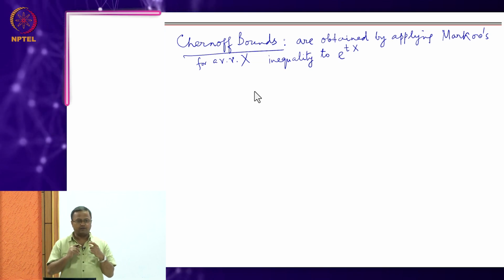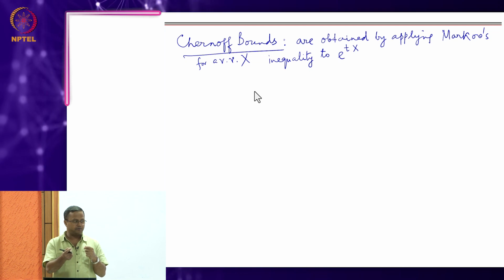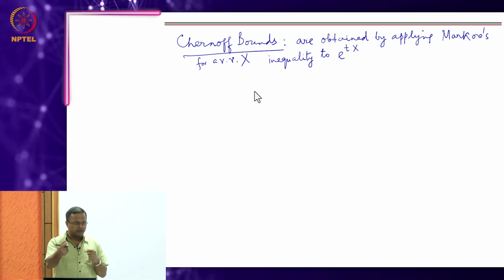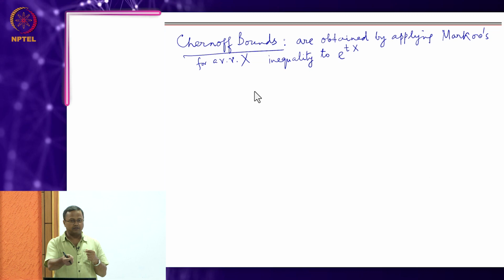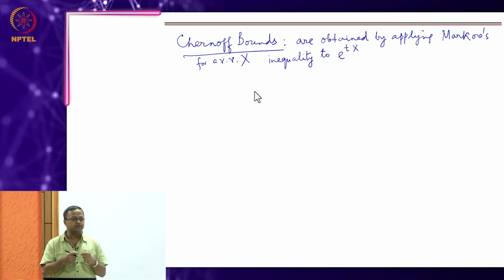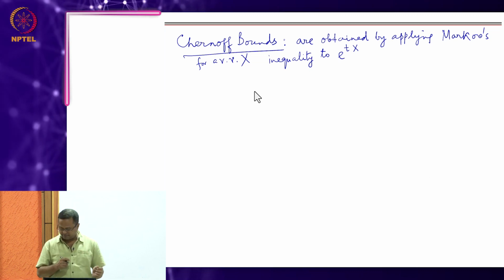As I said, you can define a function over a random variable. That is also a random variable. So, here the new random variable that I create out of x is e to the power of tx.